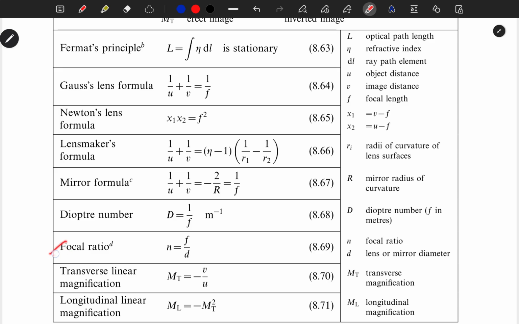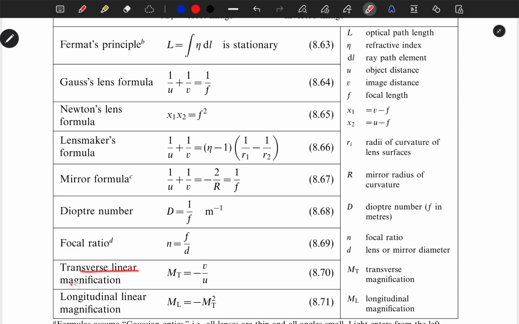Focal ratio, N equal to f by small d, d is the lens or mirror diameter. Transverse linear magnification, m_t equal to minus v by u. Longitudinal linear magnification, m_l equal to minus m_t square.